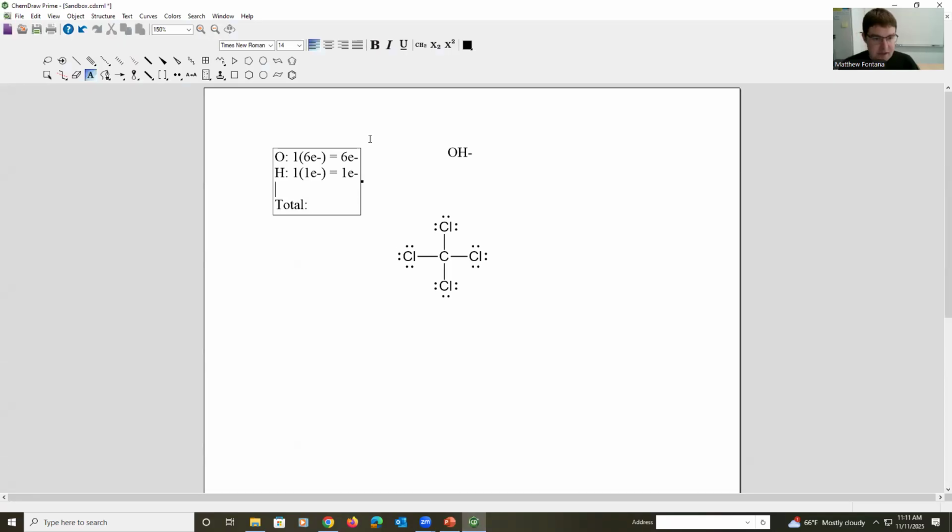So we are going to add one more electron, because we have OH minus. And so if we add all of these electrons together, we get 6, 7, and 8, a total of 8 valence electrons. So let's get rid of our old example. For hydroxide, we have a total of 8 valence electrons to work with.